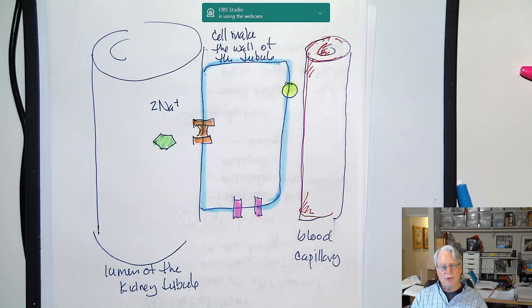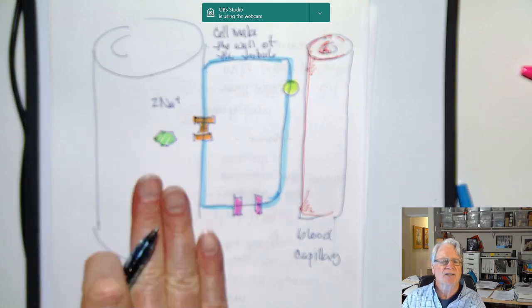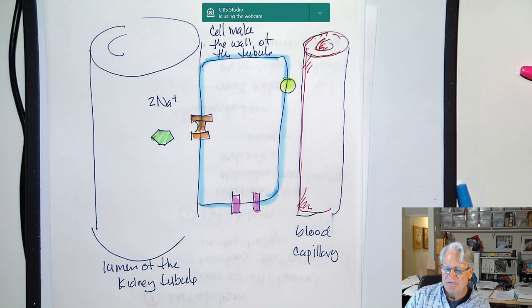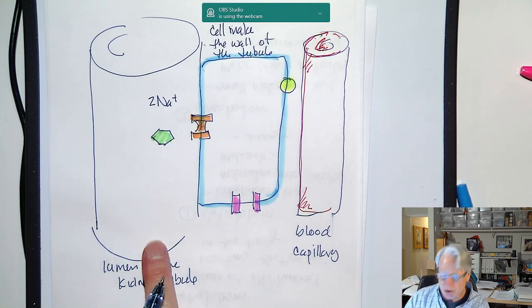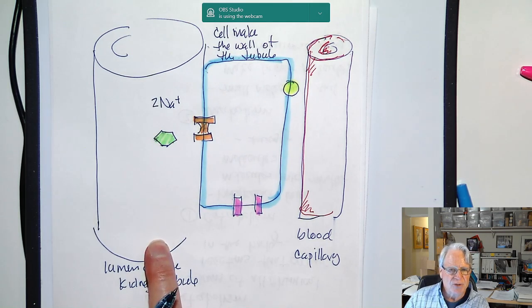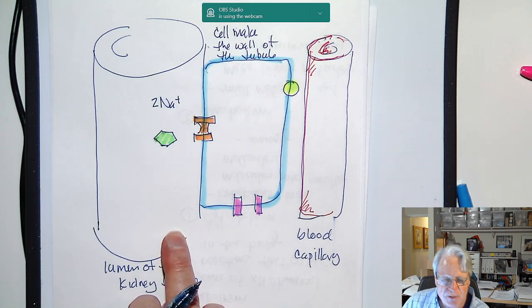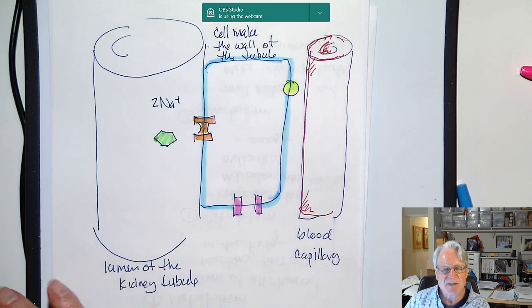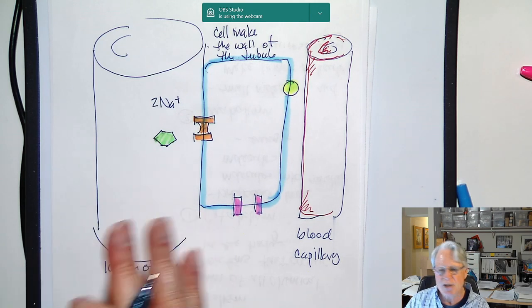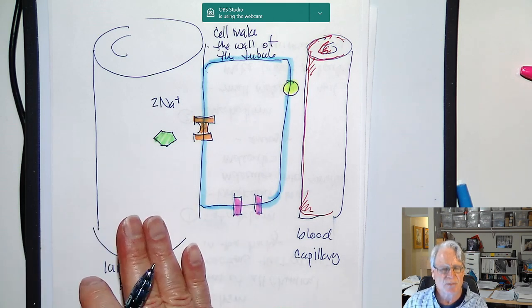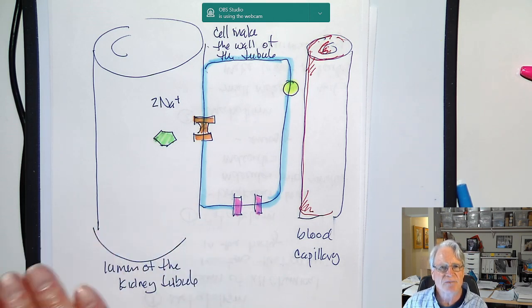All right. So we've set the stage, and let me just give you a little background so this makes sense. This is my kidney tubule, and what has happened before this stage that we're drawing here is we have filtered the blood into the tubule. So the first part of the nephron, which the tubule is part of, we filter the blood, and we filter everything except for proteins, basically. So even glucose, amino acids, everything we want to keep, plus everything we don't want to keep, all the waste, they're all filtered together.